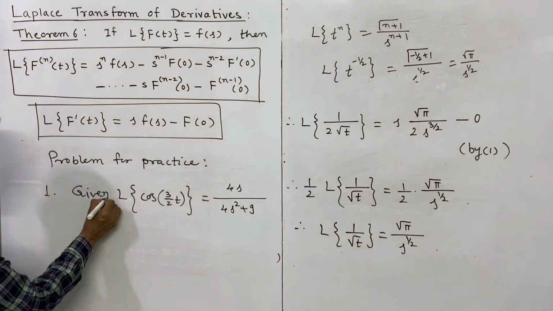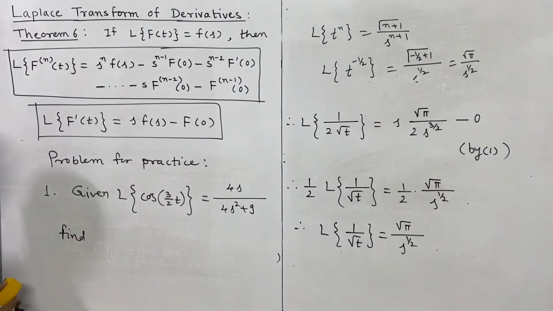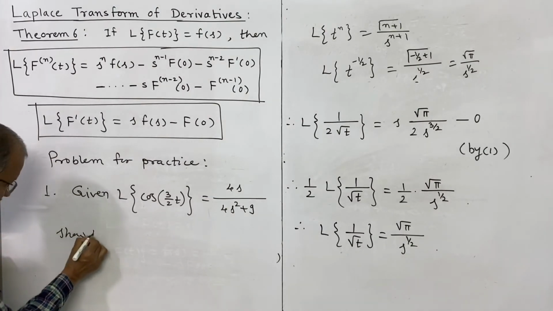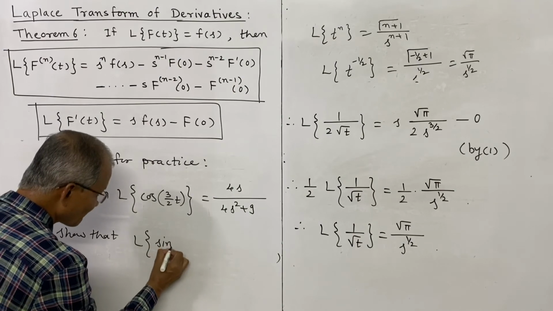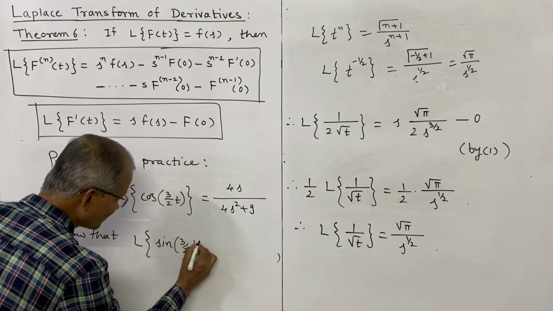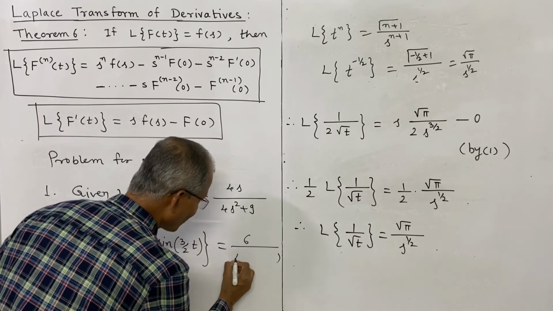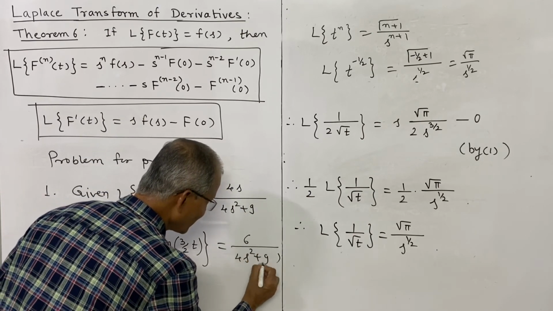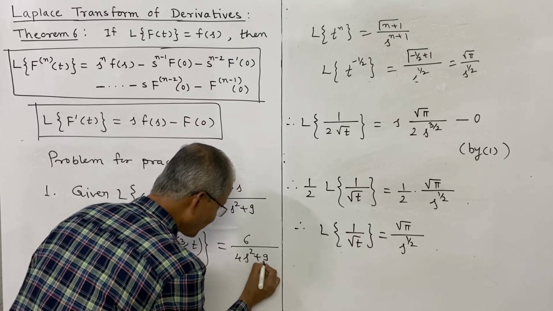Given this, find or show that Laplace transform of sine 3 by 2 times t is equal to 6 divided by 4s square plus 9. So this is the answer actually.